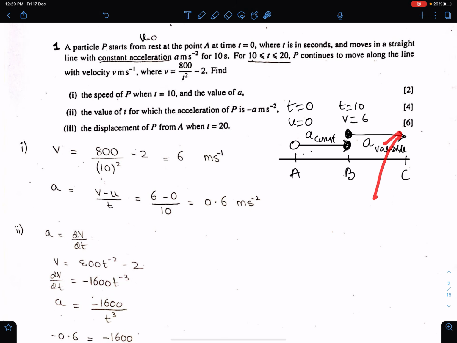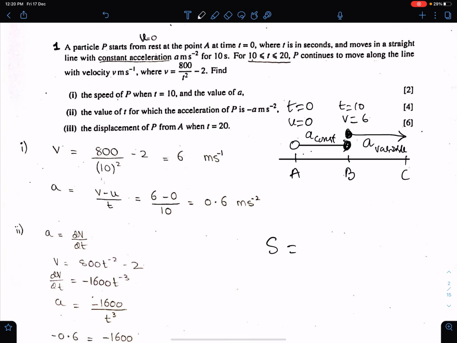For variable acceleration we use calculus, and for constant acceleration we use equations of motion. So we will get this displacement with the help of equations of motion. Any equation of motion we can use here, and for this displacement we will use calculus. We will integrate the velocity from t = 10 to t = 20. So we will get displacement in this way.